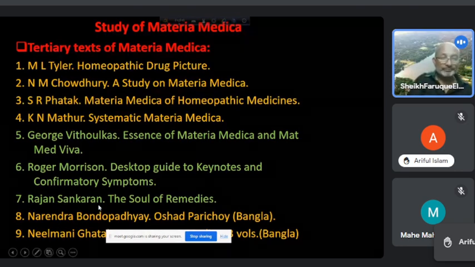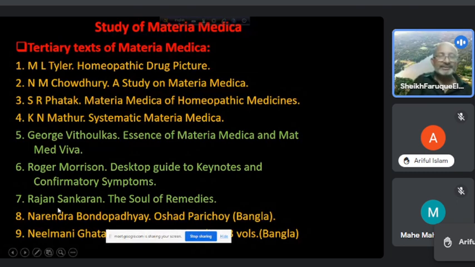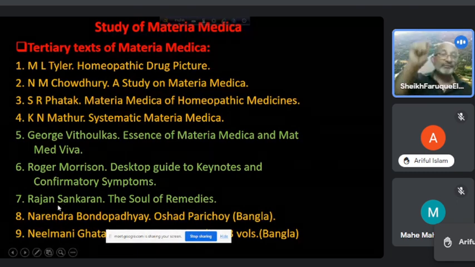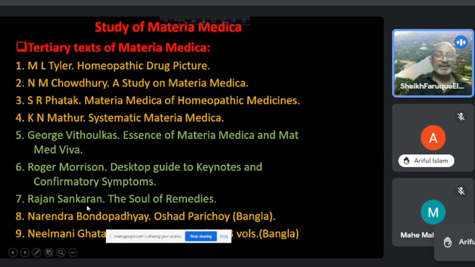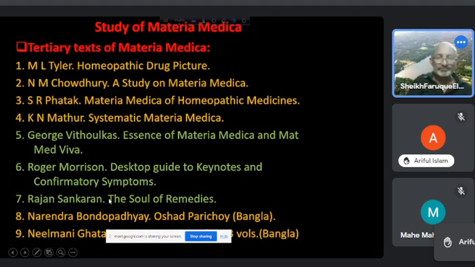Then Rajan Shankaran. Rajan Shankaran is younger than me by 4 years. He was a disciple of Dr. Jain Khanjelal also. And I talked to him in Calcutta, and he was praising Dr. Kanjilal like anything.